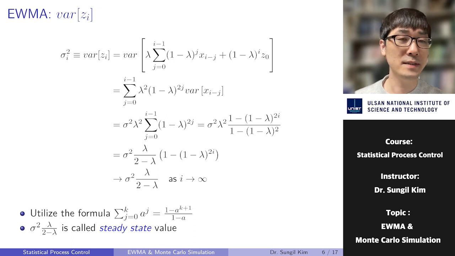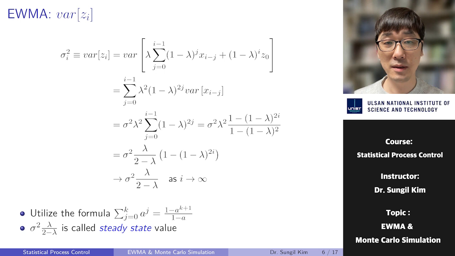Similarly, the variance of zi can be obtained after some computations. Note that the variance of zi depends on the time index i, and it goes to sigma squared times lambda divided by 2 minus lambda as i goes to infinity. We call this value the steady state value.